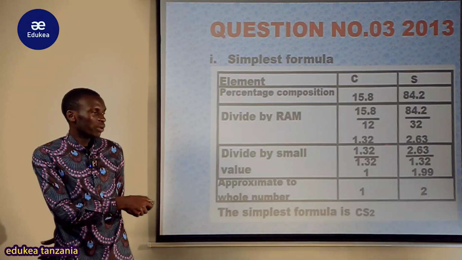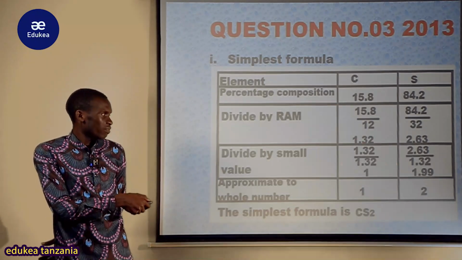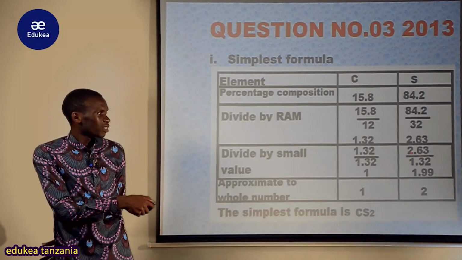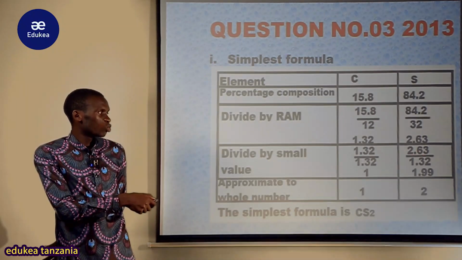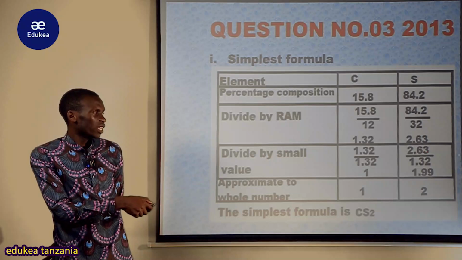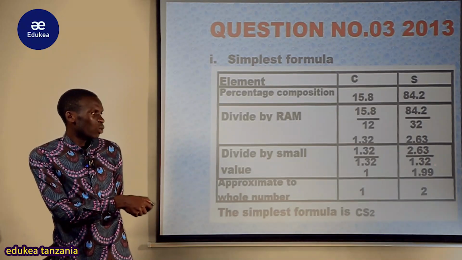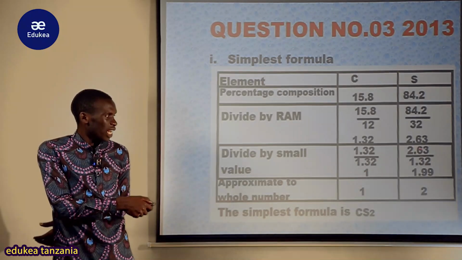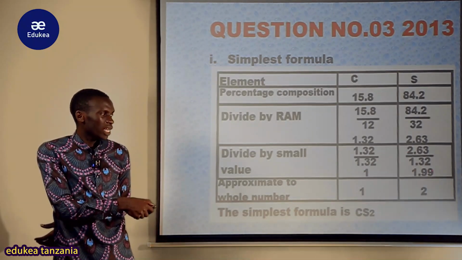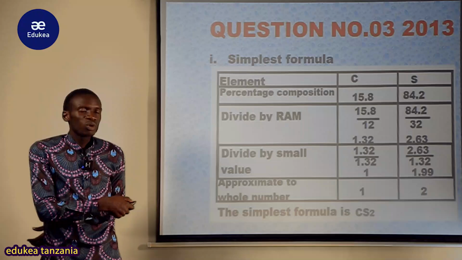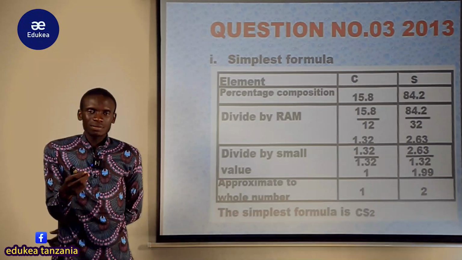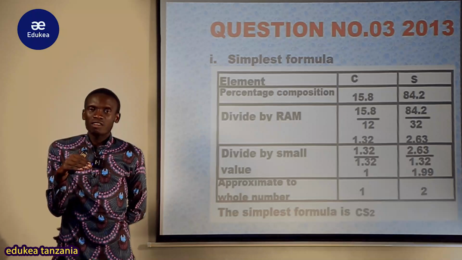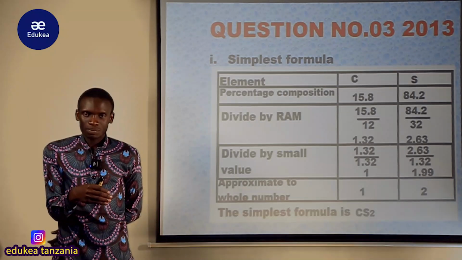So divide 1.32 by itself, which gives 1, and divide 2.63 by 1.32, which gives 1.99. That is step 4: dividing the results from step 3 by the smallest value in step 3.